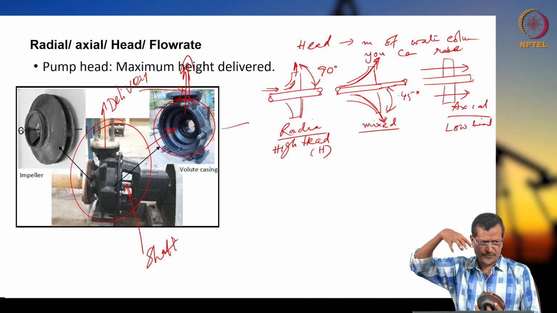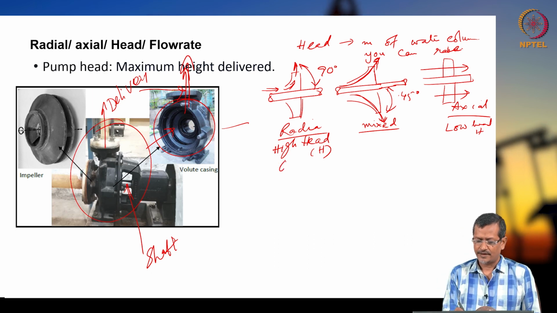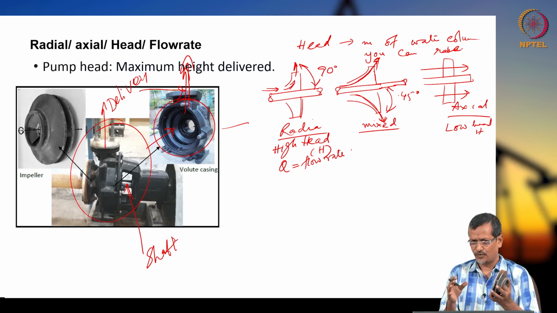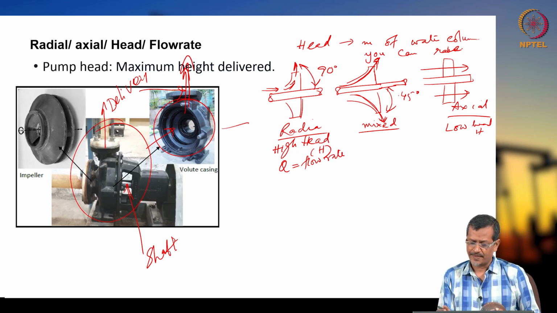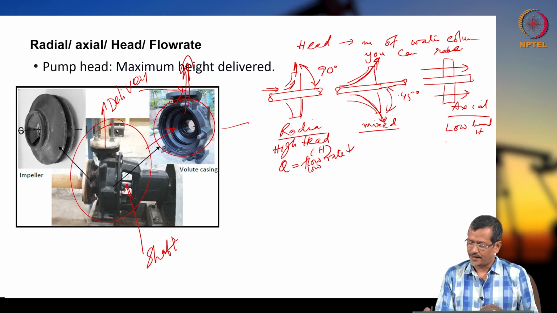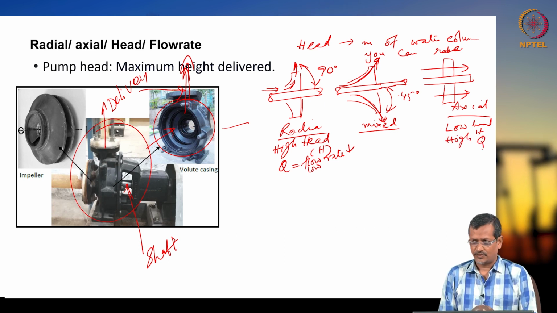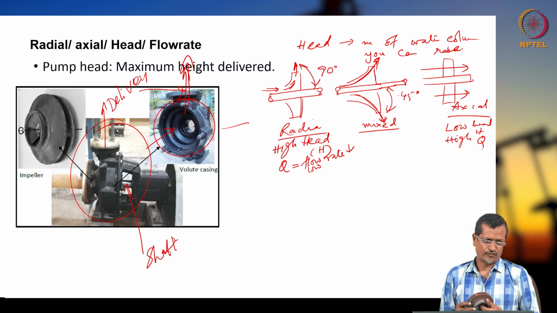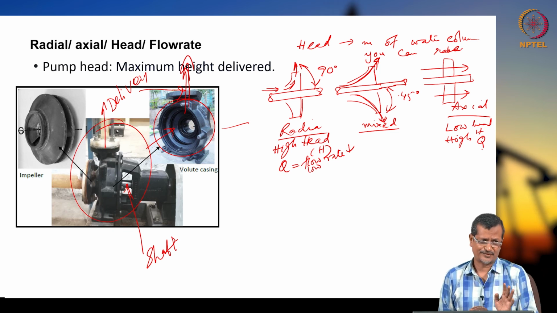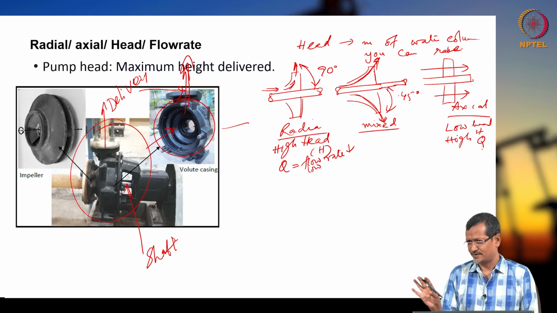So a small amount of air will be delivered, low head or low H. And radial flow, flow rate, how much fluid it will be delivering per second, will be lower. And axial flow has high flow rate. Wherever there is a wind turbine, a very high amount of fluid it can deliver, but if you give high pressure, like say a cyclone coming, the wind turbine will not work, actually it will break. So if you give a very high amount of fluid at low head, things will work, in certain designs.